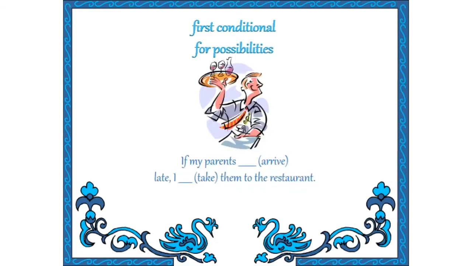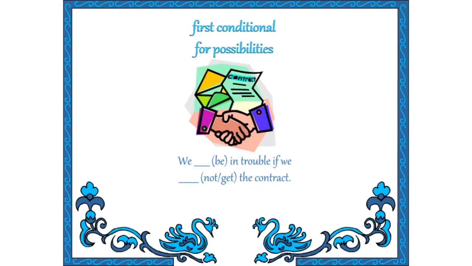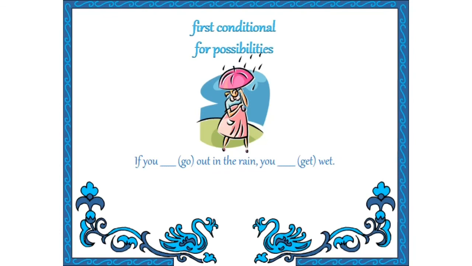If my parents arrive late, I take them to the restaurant. And here, what's the correct answer? We be in trouble if we not get the contract. And here, what's the correct answer? If you go out in the rain, you get wet. What's the right answer here?